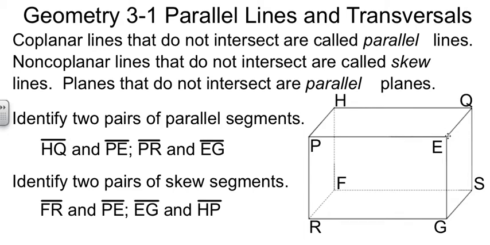They're not in the same plane, they're going entirely different directions. Similarly, EG and HP. Now again, those aren't the only skew segments that we have in this diagram. It asks for two pairs, I picked two pairs. There's lots of other choices.